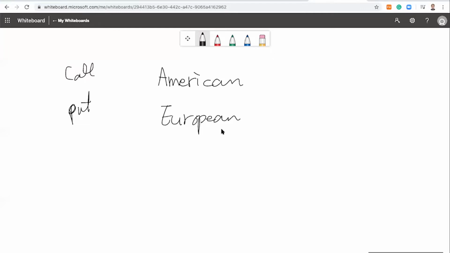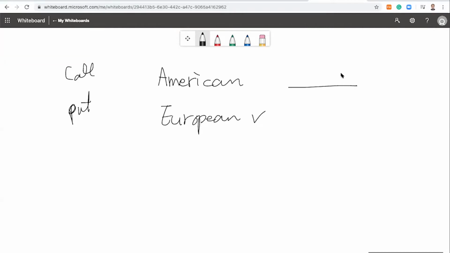Usually when I was talking about options, I always referred to the European option, not the American option. The difference between these two options is that they all have the same maturity.